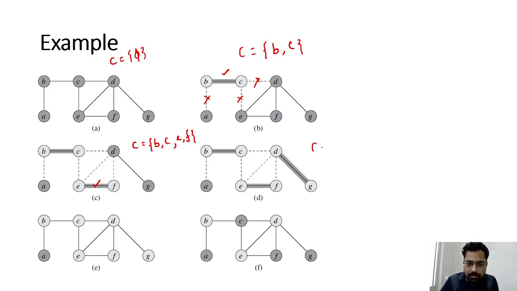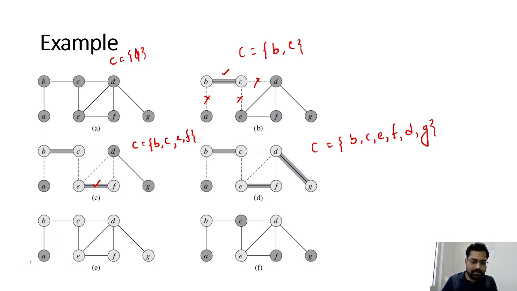Then we have to pick that one, B, C, E, F, D, then G. This is our final vertex cover, which is using the approximation algorithm, the approximate vertex cover. This is our C value.